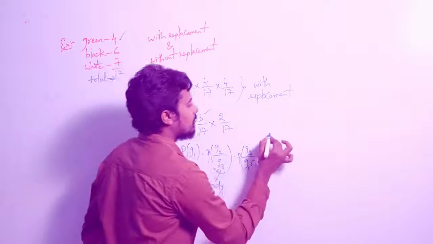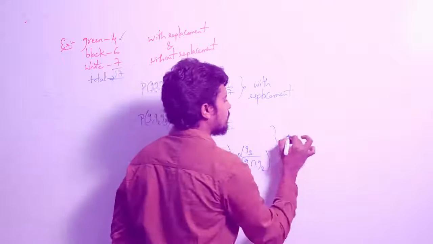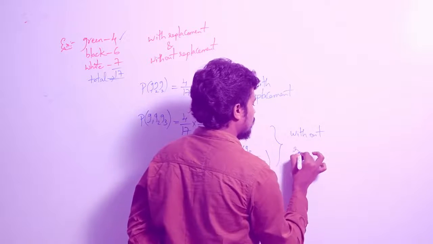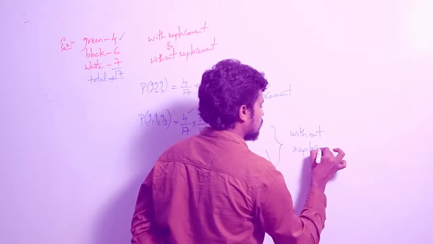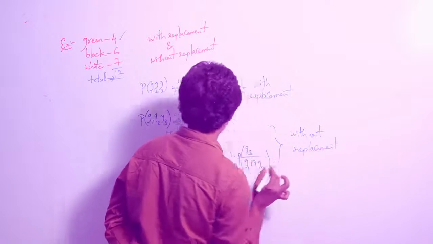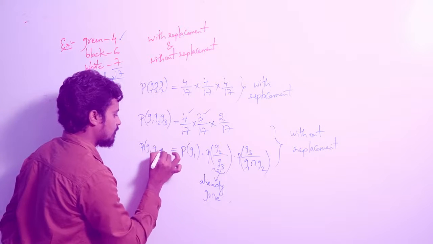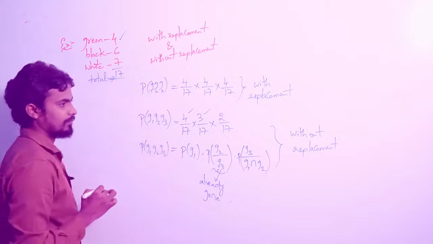This will be for the without replacement, P of G1, G2 as well as G3.